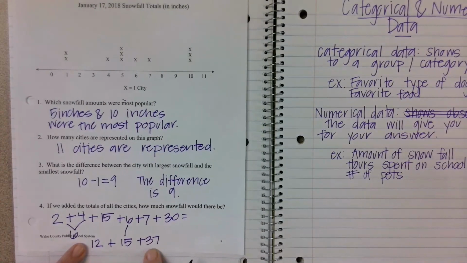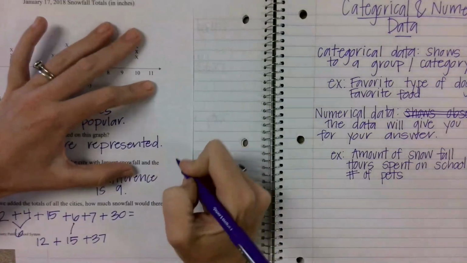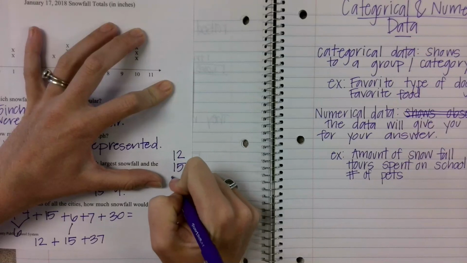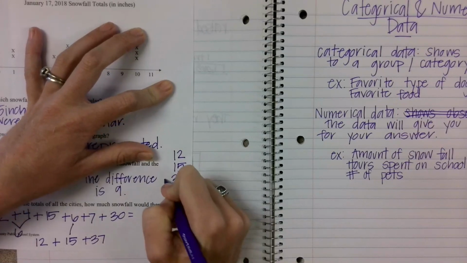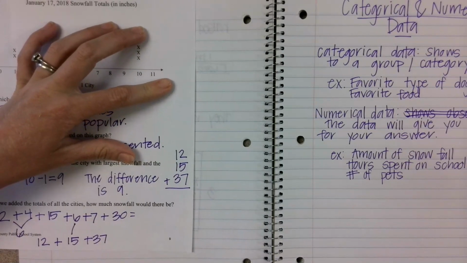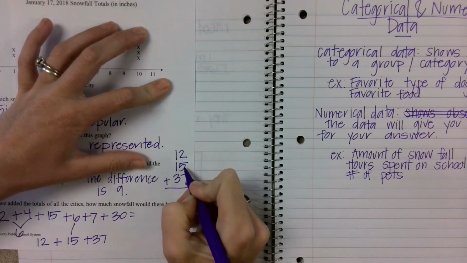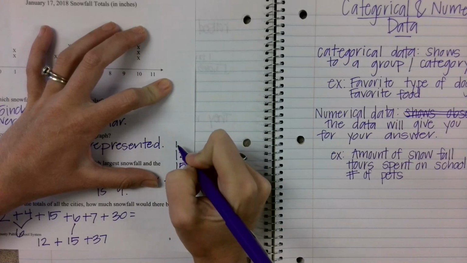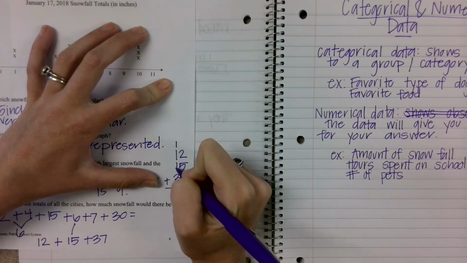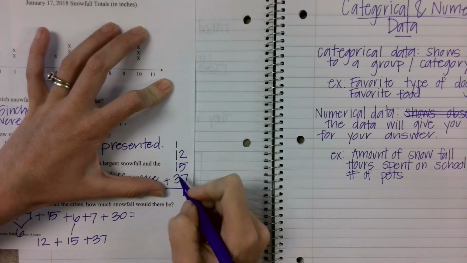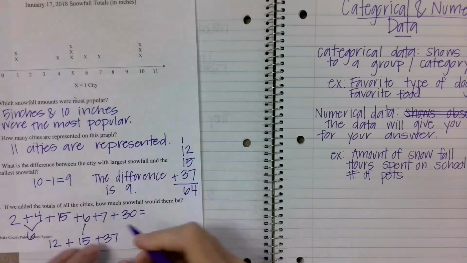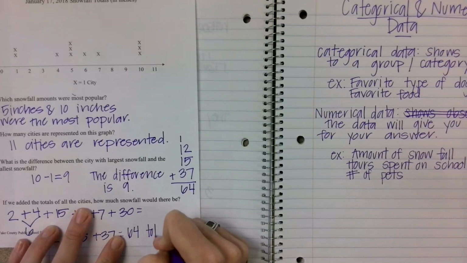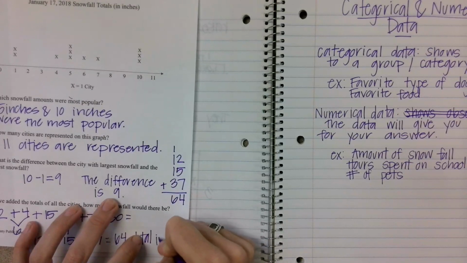Now my numbers are a little closer together, so I'm going to add them vertically, because I don't want to miss my place value adding up. So 2 plus 5 is 7, and 7 plus 7 is 14. Carry the 1. 1 plus 1 is 2, plus 1 again is 3, and plus 3 again is 6, so 64. So 64 total inches.